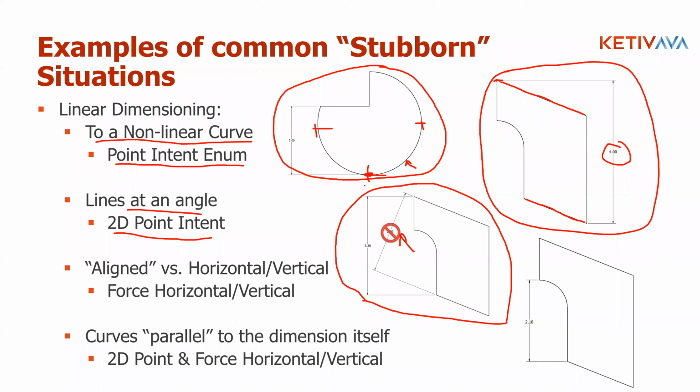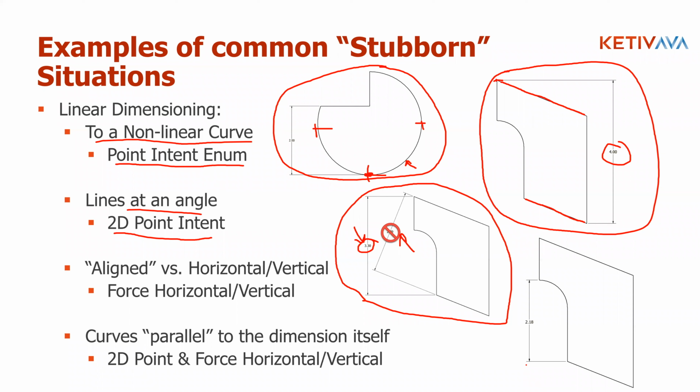Most of the time that's fine. But in a situation like this, where I need this overall dimension right here, you have to tell it to force it to be horizontal or vertical. You'll see this in the Inventor UI if you're creating these dimensions manually as well, where you have to click in a certain spot to say, no, I don't want it aligned, I want it vertical, or I want it horizontal. We'll show you the API equivalent of that.